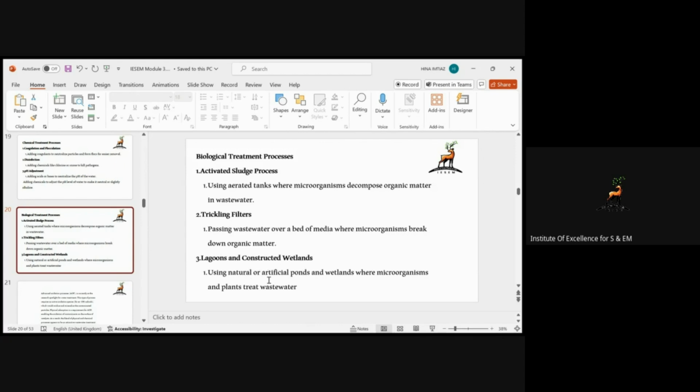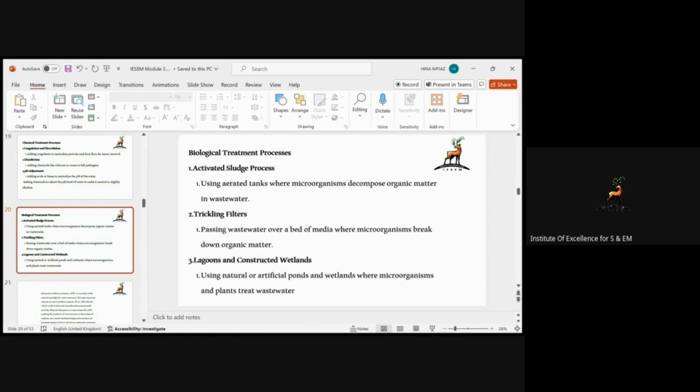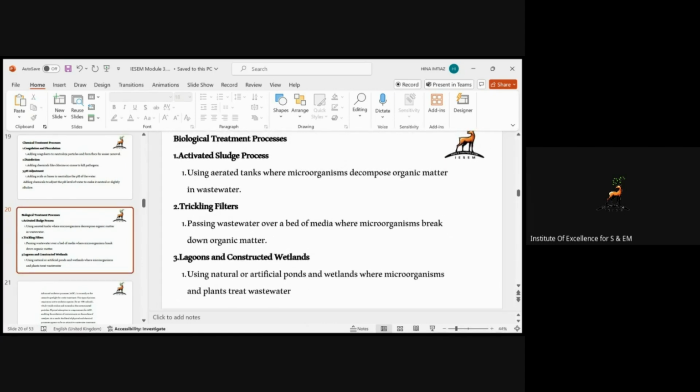Using natural or artificial ponds and wetlands, where the microorganisms and the plants treat the wastewater. So it is basically the involvement of bioremediation and phytoremediation. You can use organisms like fungi, bacteria, and algae as well. Algae can form algal blooms.